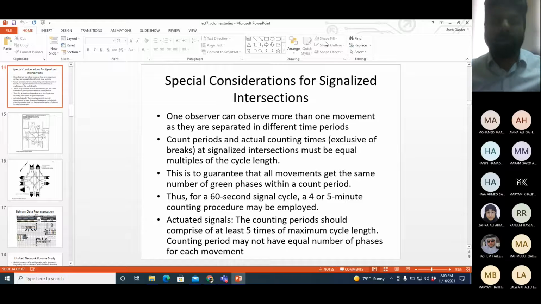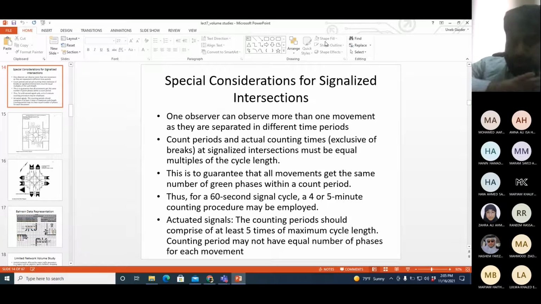So let's say you are taking a break of 5 minutes after every 15 minutes. Okay, so in 2 hours you may be actually counting for 1.5 hours only. So in that case, the full counting period must be a multiple of cycle length, and the actual counting period, excluding the breaks, should also be a multiple of cycle length. Both of them should be a multiple of cycle length.